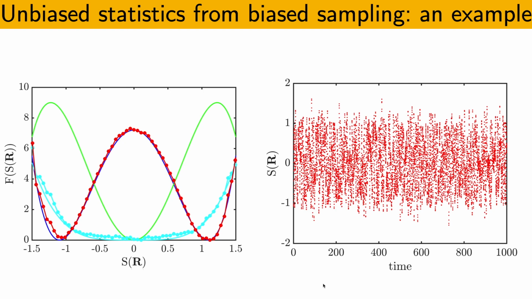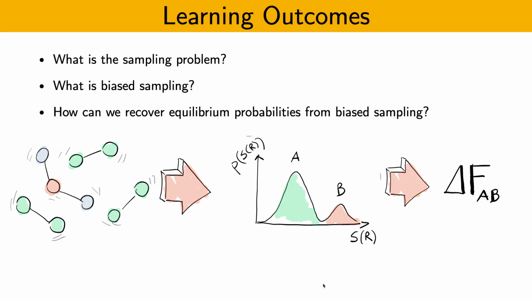In order to circumvent this problem, different biased sampling methods emerged in the literature. Some of them can be summarized under the umbrella of umbrella sampling, and others relate to adaptive sampling, and one of them, for example, is metadynamics. In the next video I will cover those methods. To summarize the content of this video, we have looked at the sampling problem by analyzing what happens on simple Langevin dynamics model systems evolving on double well potential energy surfaces.